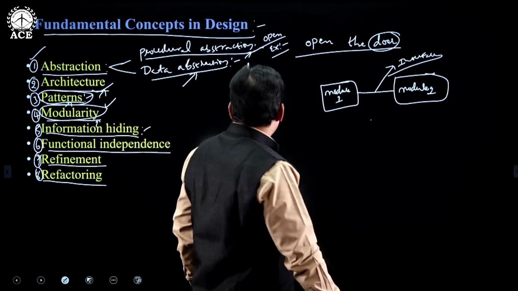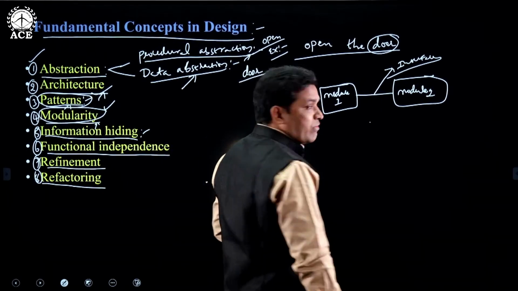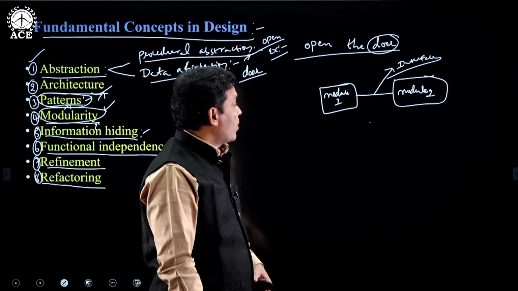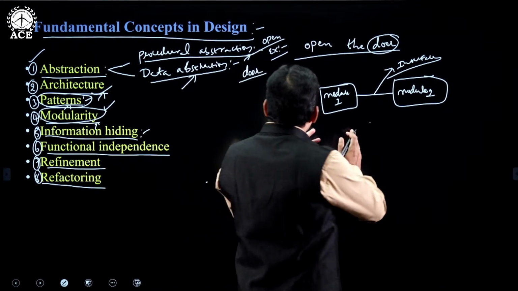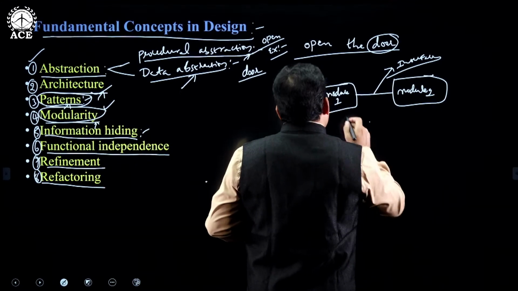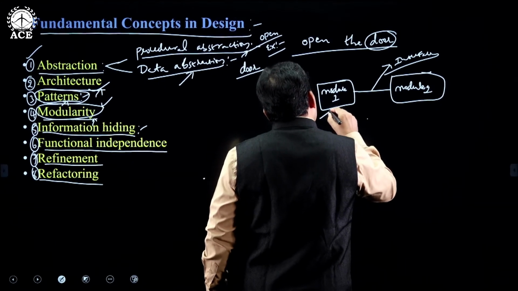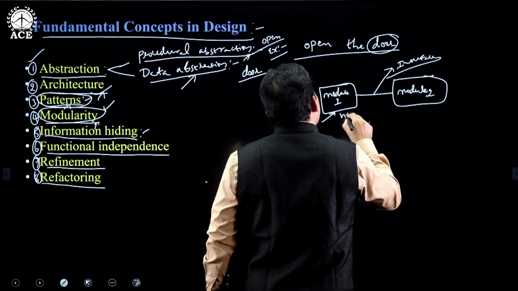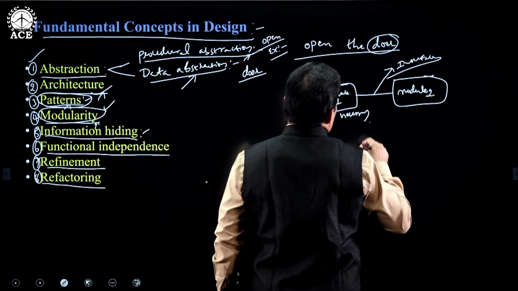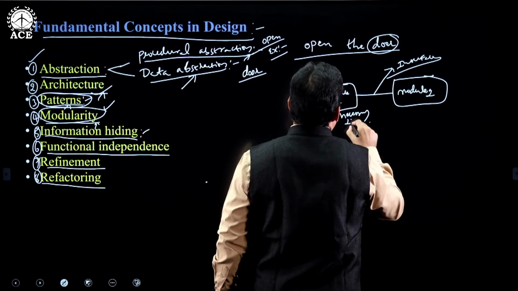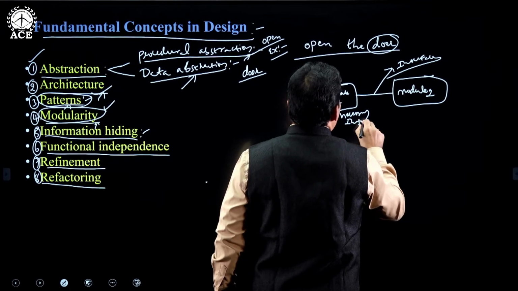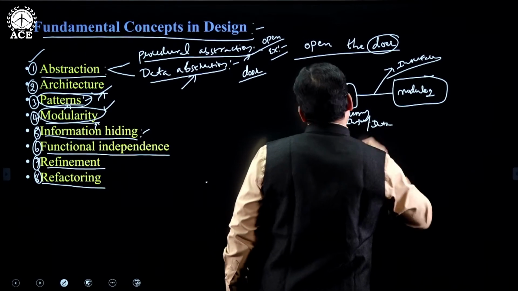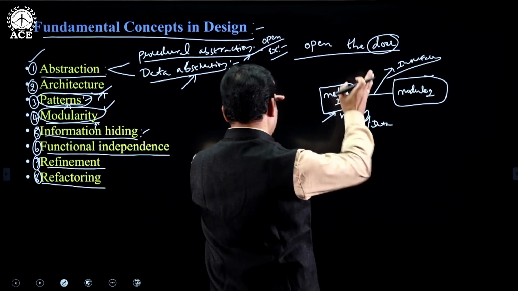So what's the importance of information hiding? Module 1 wants to share some information with module 2. So module 1 is supposed to share only necessary information or necessary data, not detailed information.